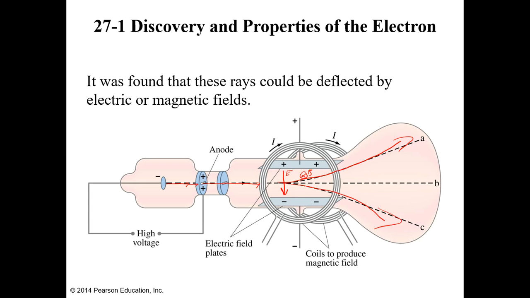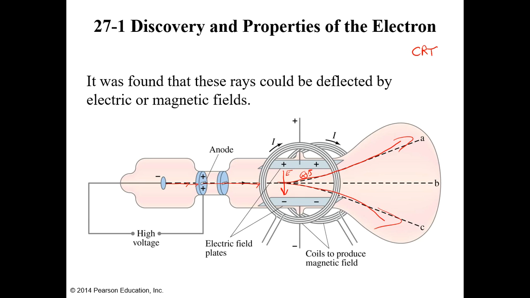And so you can adjust where the cathode ray hits the glass, based on the electric and magnetic fields. And so that's how those big cathode ray tube, or CRT monitors, worked. Varying electric and magnetic fields that would distort the path of electrons.